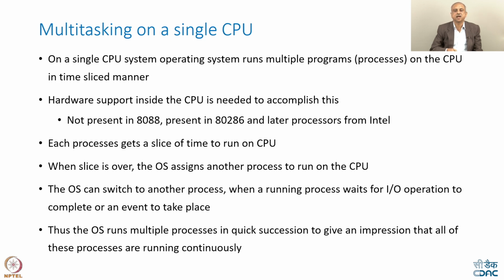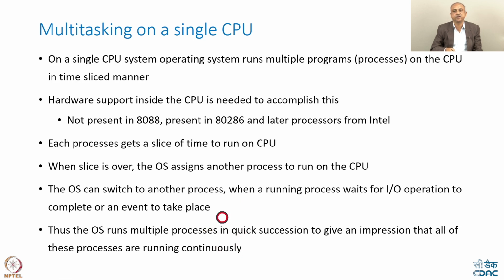As a result, what is happening is that either when the time slice finishes or when the process is waiting for an IO operation, as we said in the previous slide for multiprocessing, or some event to take place, any wait that a running process gets into, that time is used for running another process.